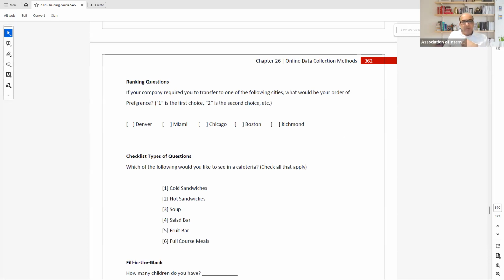And here they are giving options to different venues where the company is planning to move their office. So for the employees to give their opinion of how many would want to move to Denver or Miami, or what is the first choice or the second choice. You could see if Denver is my first choice, my second choice would be Chicago. So I put 1 here and I put 2 here.